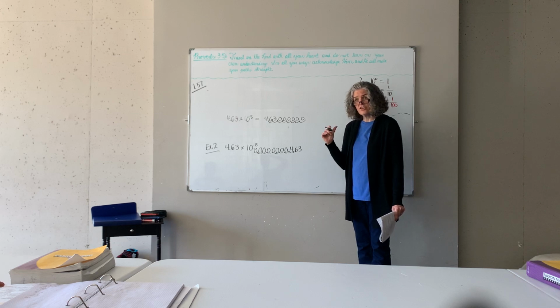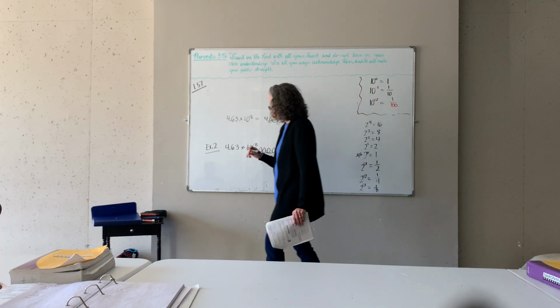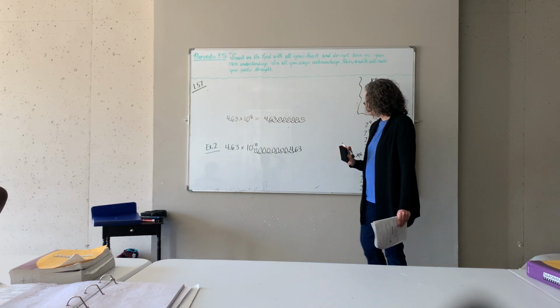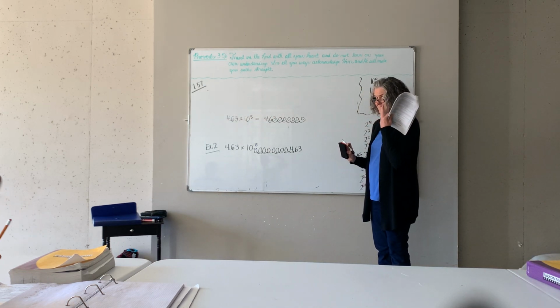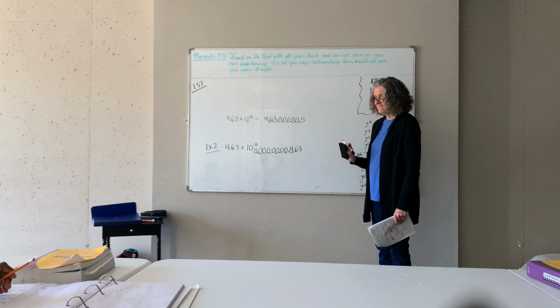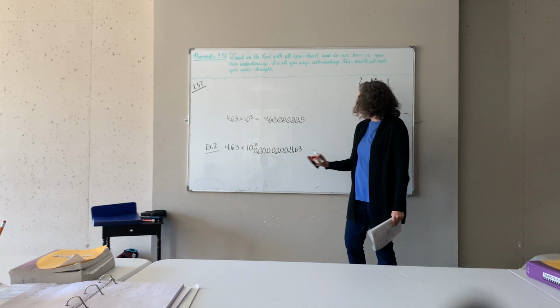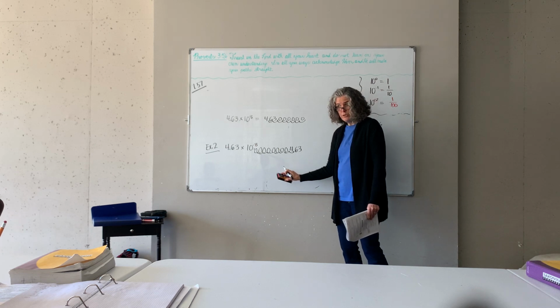Because when you said 10 to the negative 8, it would be 1 over a hundred million. I guess so. I don't know that I would even go through that thought process. I would just write that number, find that decimal, and move it that many times.